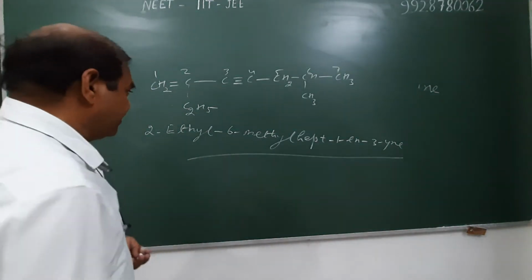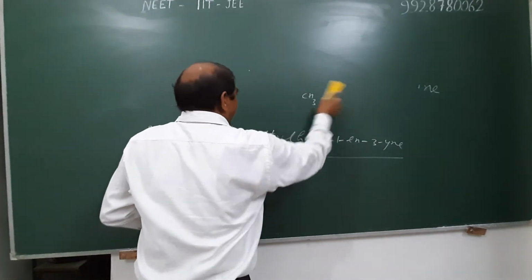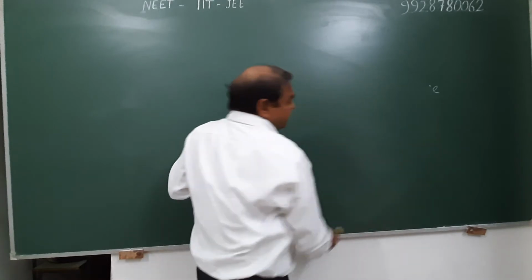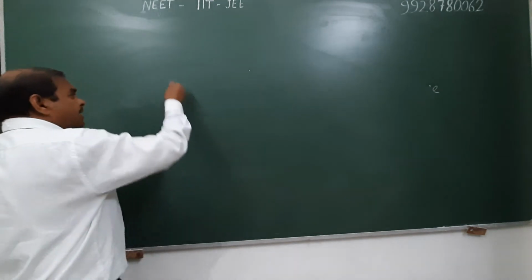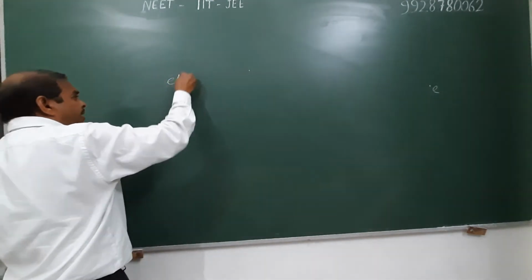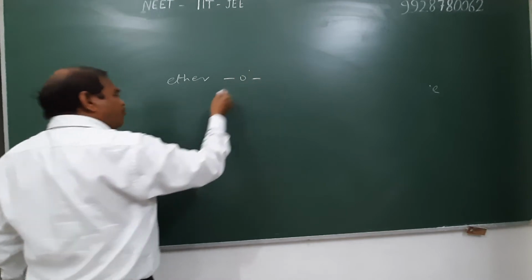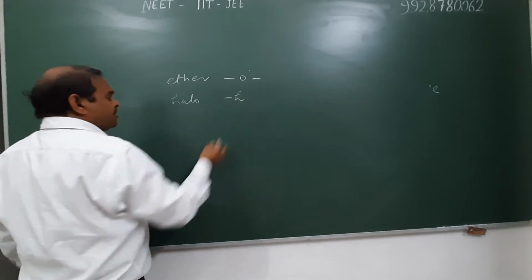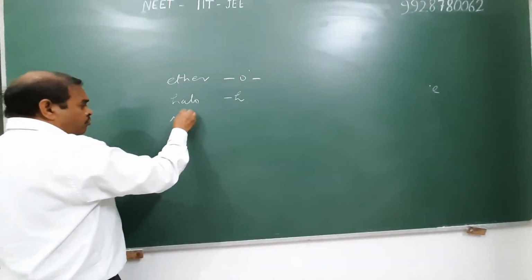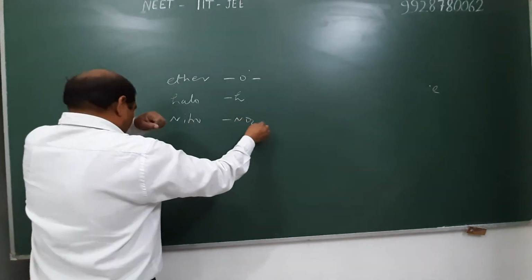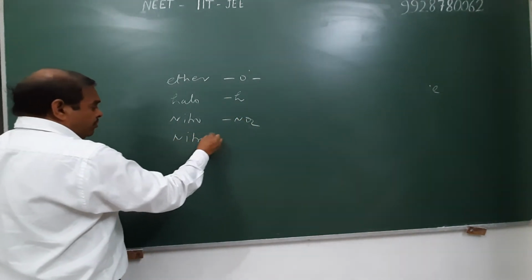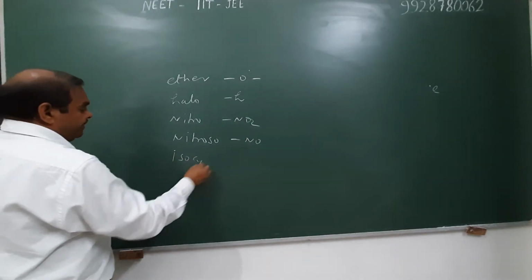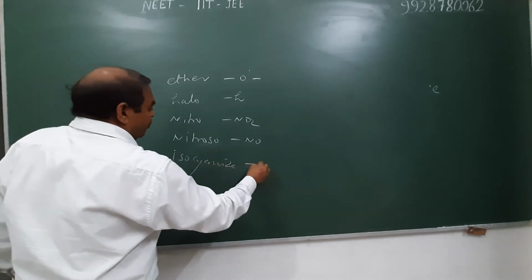Now we discuss the IUPAC names of those compounds in which functional groups act as a substituent. The following functional groups: the ether functional group, OR; the halogen functional group, X, meaning chloro, bromo, etc.; nitro, NO2; nitroso, NO; and isocyanide, whose functional group is NC.